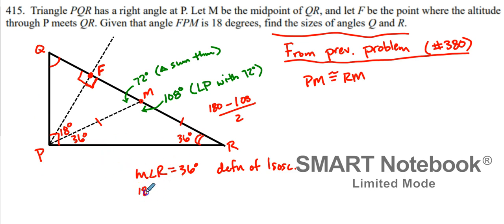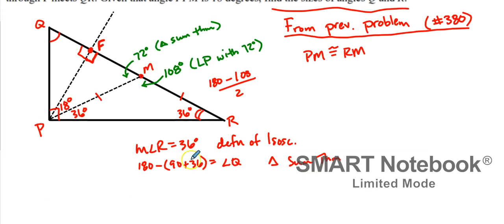So 180 minus 90 plus 36 is going to equal angle Q. That's just triangle sum theorem. And this will give you 126, so what's left over there looks like 54 degrees equals angle Q. And we're done.